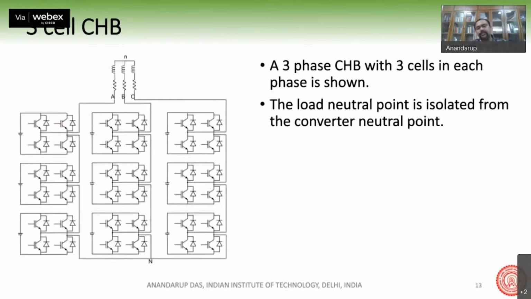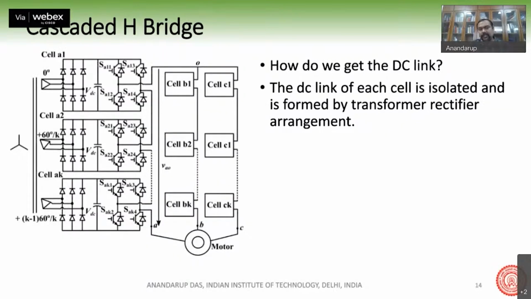So this is a 3-phase CHB with 3 cells in each arm. Actually, it is made from an isolated multipulse transformer. This transformer arrangement we will deal with later as part of the multipulse transformer lectures.